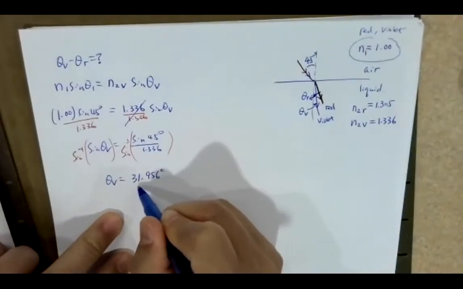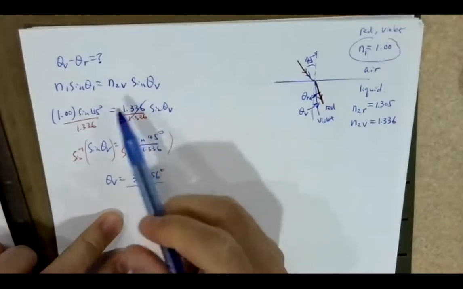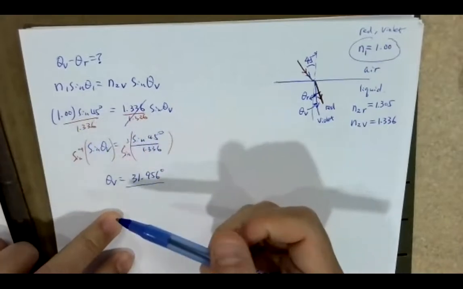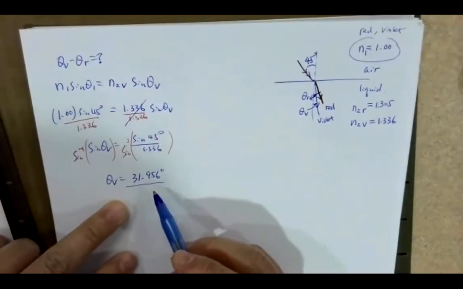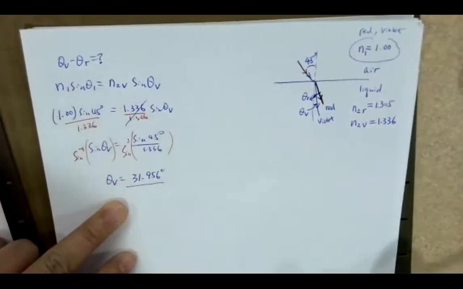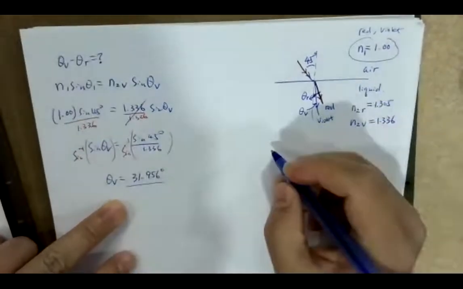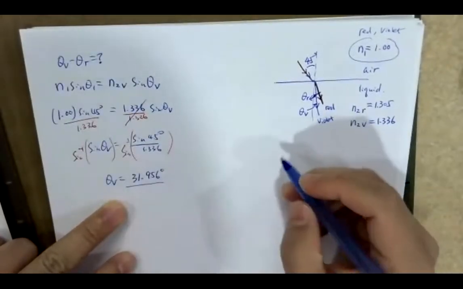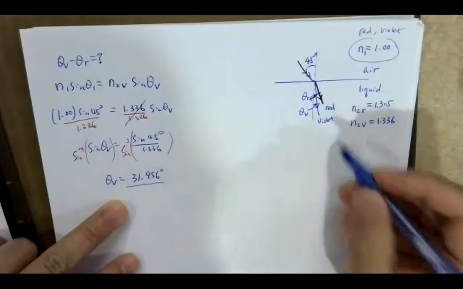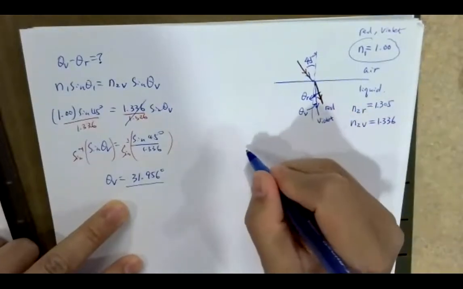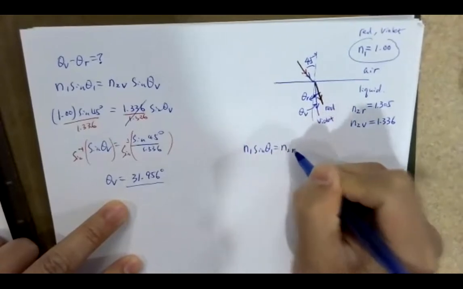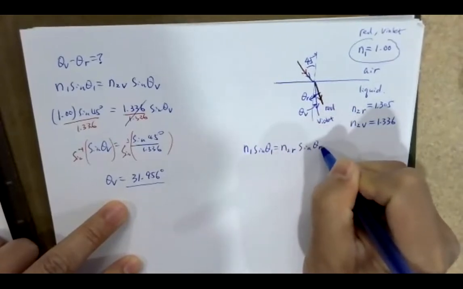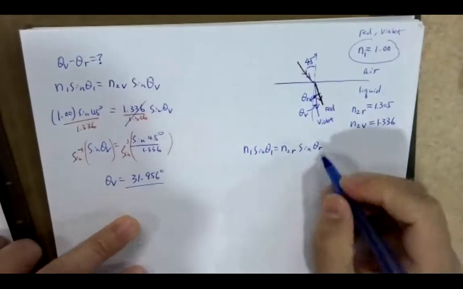When you're solving for two angles that are close to each other, make sure you keep extra digits to avoid potential rounding error. So I'm keeping 5 digits here. For the red light, you can apply Snell's law again. So n1 sine theta 1 will be equal to n2R sine theta R, okay?